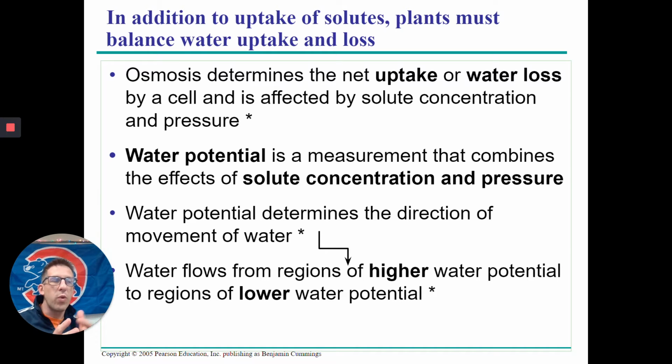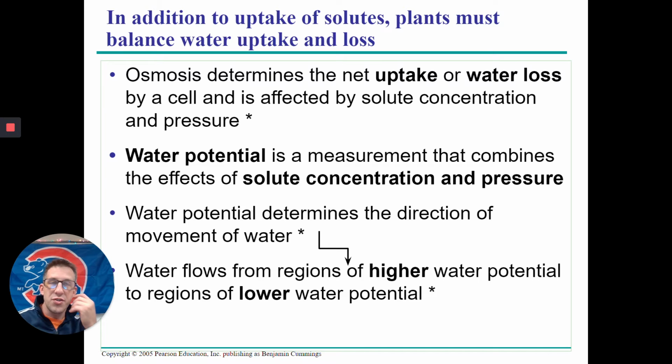When we ultimately calculate these numbers, we will find that one of them is generally higher. Sometimes they're the same, but generally one of them will be higher than the other. Basically what that tells us is that the environment that has the higher water potential number actually has a higher concentration of water molecules. That's essentially what it's telling us.